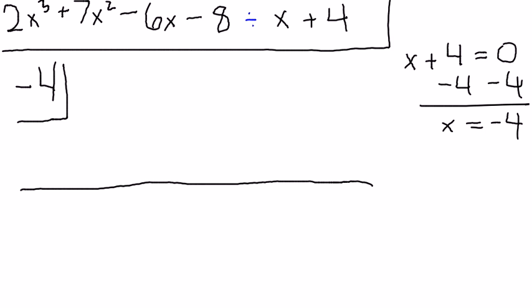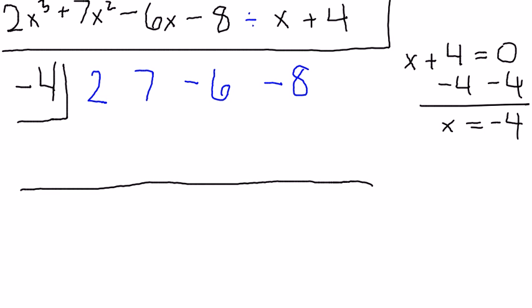The next thing you would do is to put all your coefficients in order up at the top. So that'd be 2 first, then negative 7, negative 6, and negative 8.